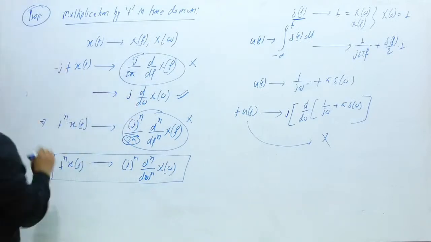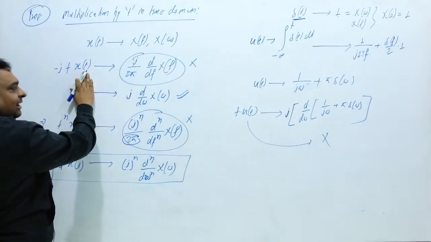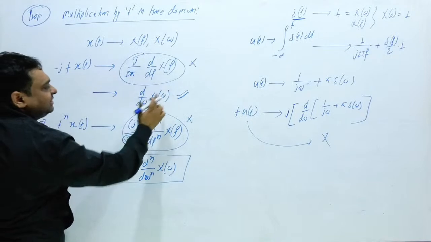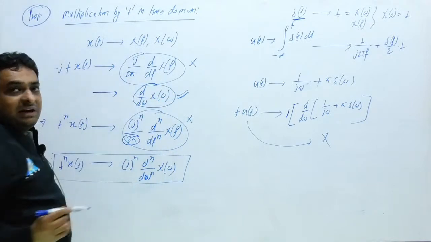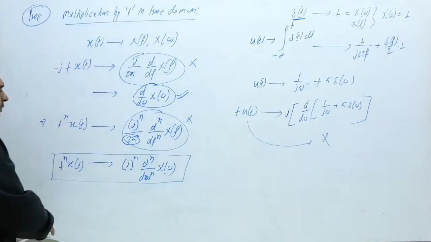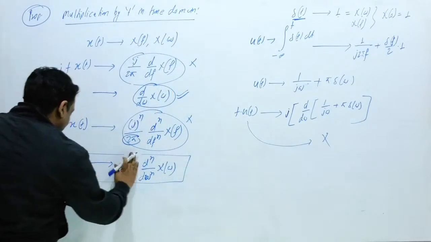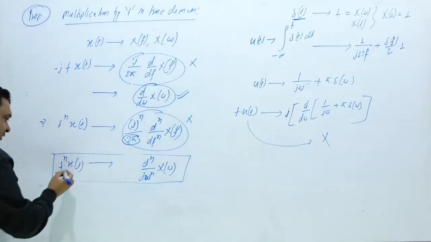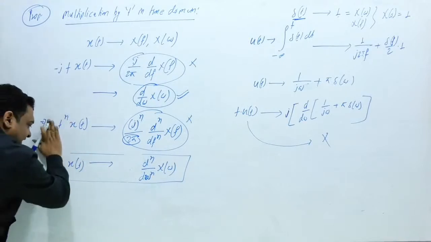This is minus j. So minus j t x(t) will be here, differentiation of this. If you differentiate here, what will be on the left side? Minus j multiplied by t. And if you do n-time differentiation, what do you get here? This is j raised to power n, and if you put j upside as minus j, what will you write here?